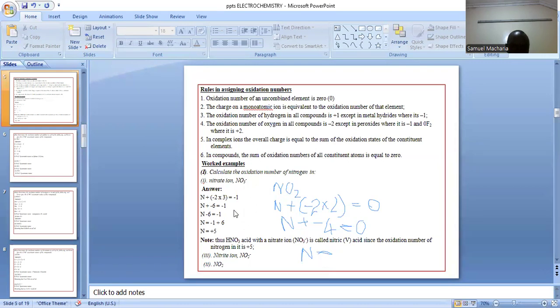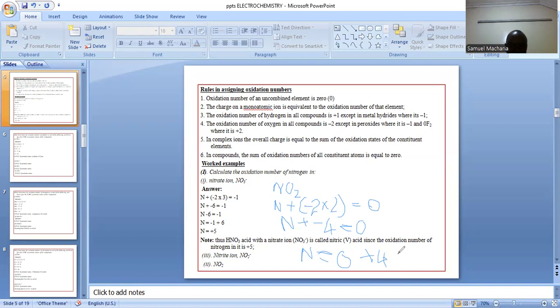Equals 0 plus 4, meaning now 0 plus 4 is plus 4.